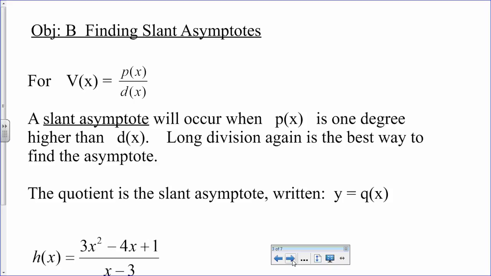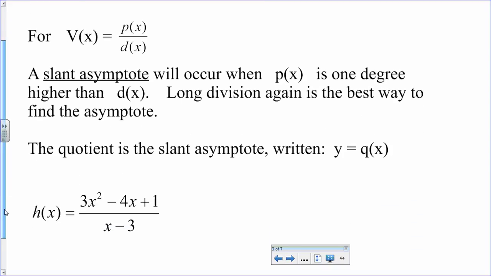So if we think back to our horizontal asymptote rules, if n is greater than m, so if the one on top is bigger than the one on the bottom, then there's no horizontal asymptote. That would mean there's either a slant asymptote or a non-linear asymptote. So you're not going to have both. You'll have a horizontal asymptote or a slant or nonlinear asymptote.